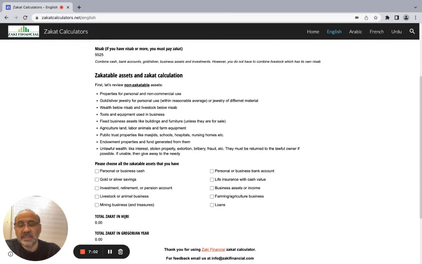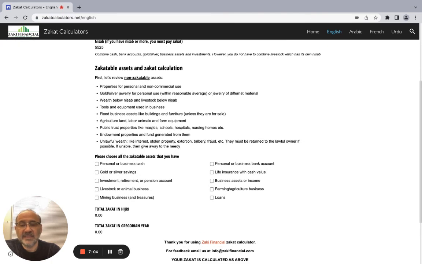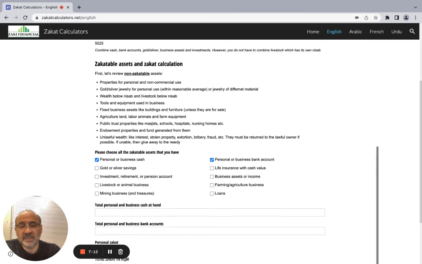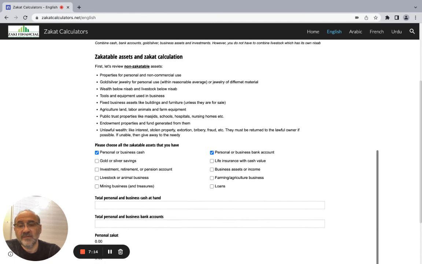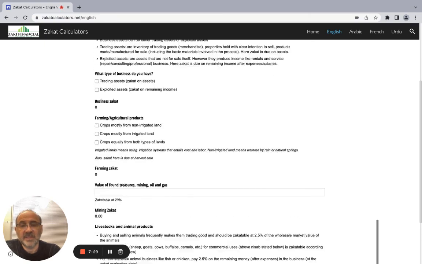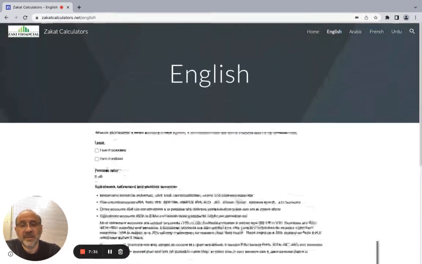All right. And after that, this calculator can be very simple if you choose only what you have, a couple of types of assets, and then you're done very quickly. Of course, if you have more, the calculator will become more comprehensive and will cover all aspects of zakat for you, and it becomes very helpful.